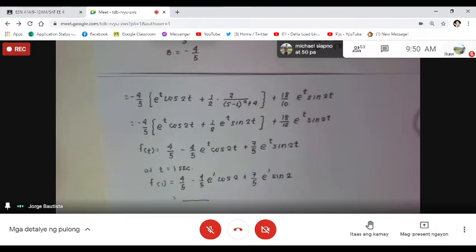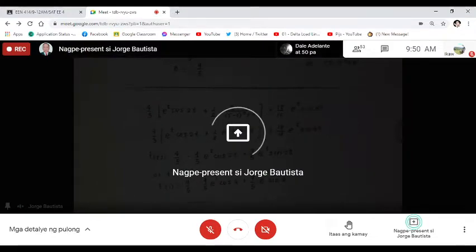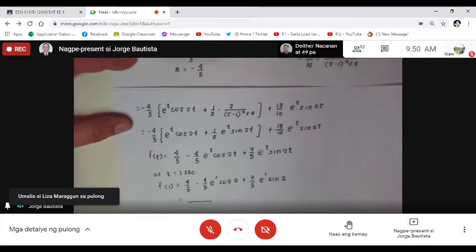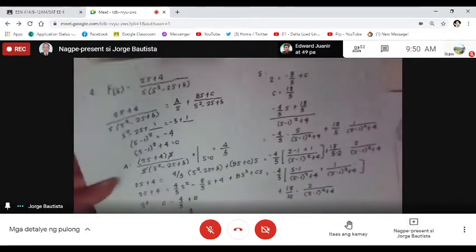So, tignan natin yung number 6. Okay, so this one is number 6: dx/dt minus 5x(t) equals negative e raised to negative 2t. So, kuha tayo ng bagong papel.